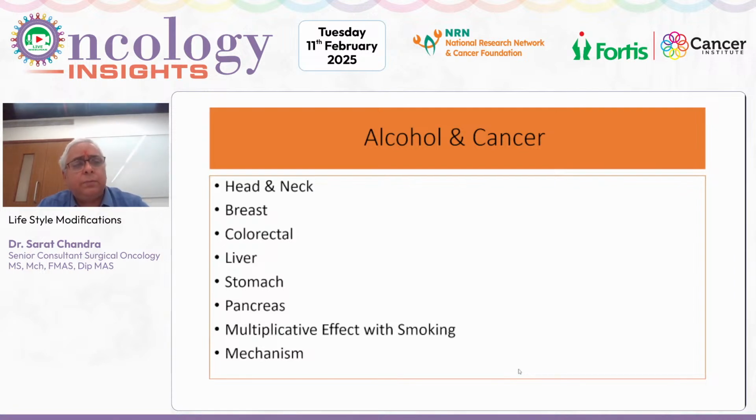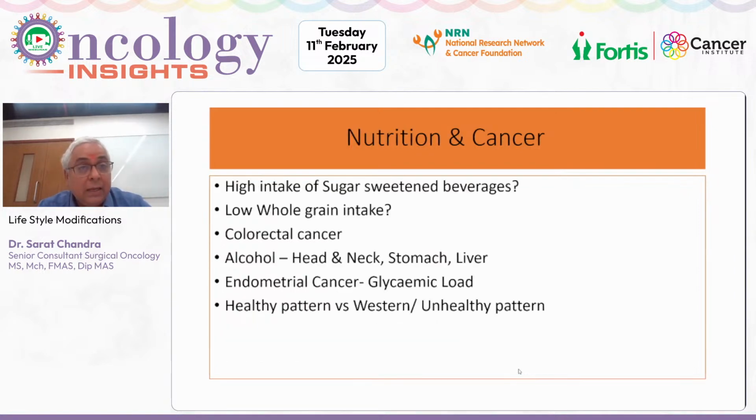Head and neck cancers, breast cancer, colorectal, liver cancer, stomach, pancreas, all these cancers have been attributed to alcohol consumption along with smoking. When a person consumes both alcohol and tobacco, the combined effect is understood to be not additive but actually multiplicative.